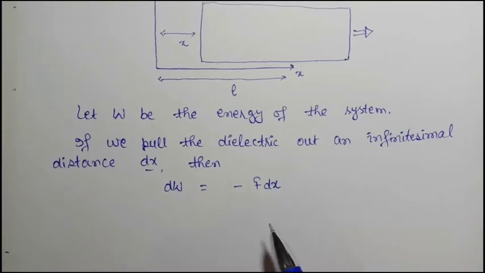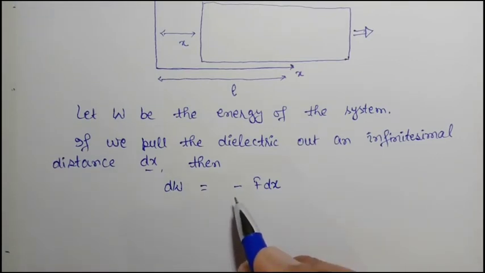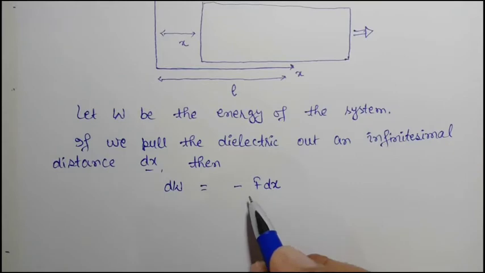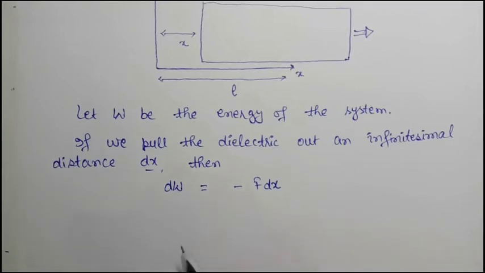So here F is the force and dx is the infinitesimal distance. Here the negative sign shows that the force is in the negative x direction.